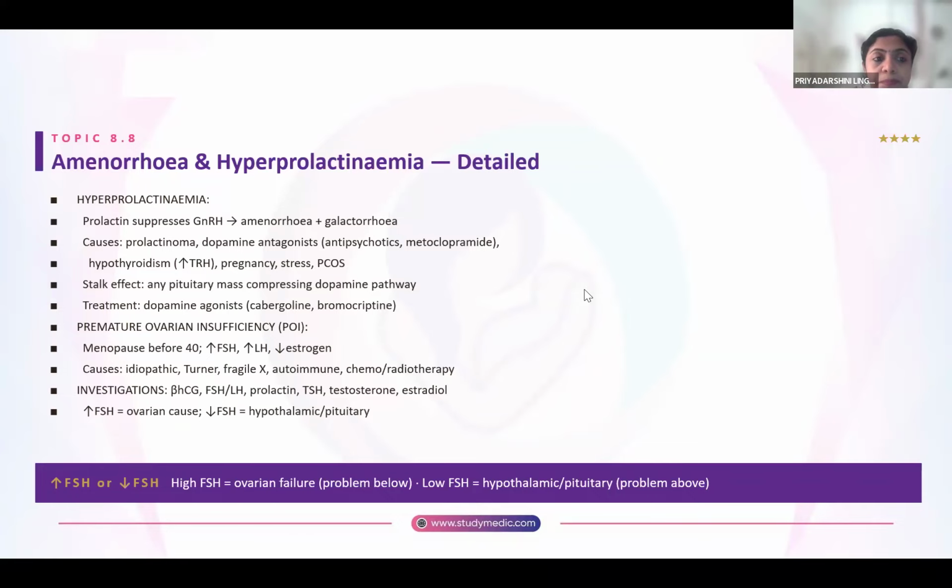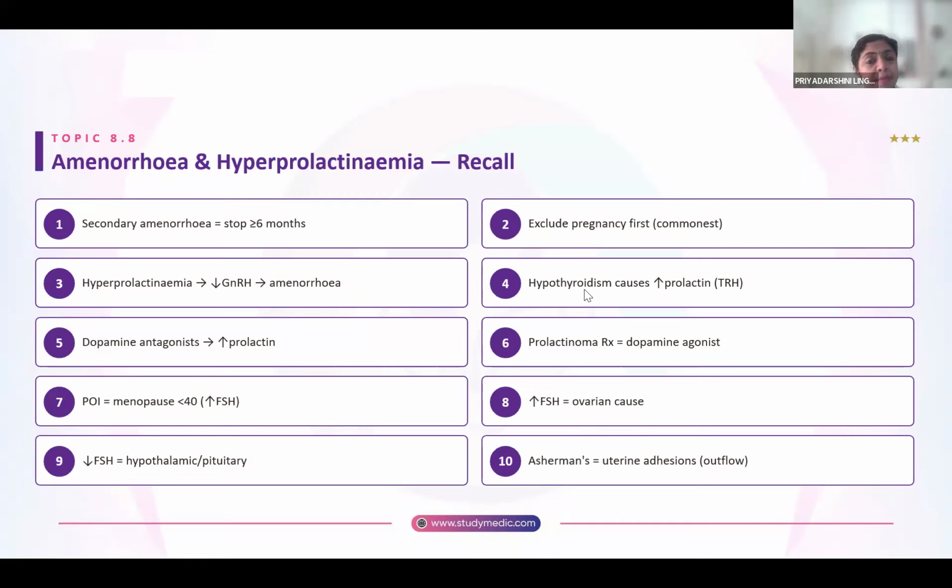So just to have a recall of what all we just discussed on amenorrhea and hyperprolactinemia. First thing, secondary amenorrhea is more than or equal to 6 months after the period at any time. And always rule out pregnancy first. Let it be primary, let it be secondary, whatever it is, you have to rule out pregnancy first. Hyperprolactinemia, why does it cause amenorrhea? Because it suppresses your GnRH.